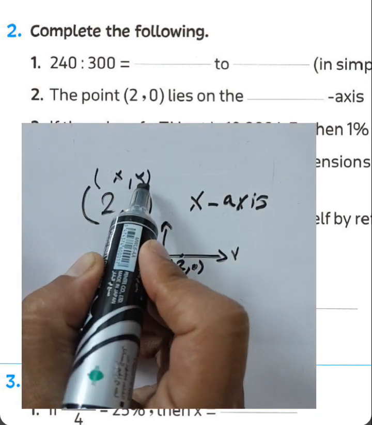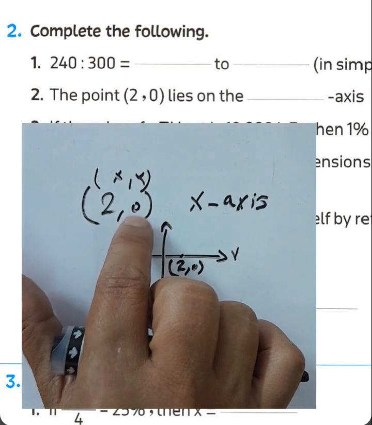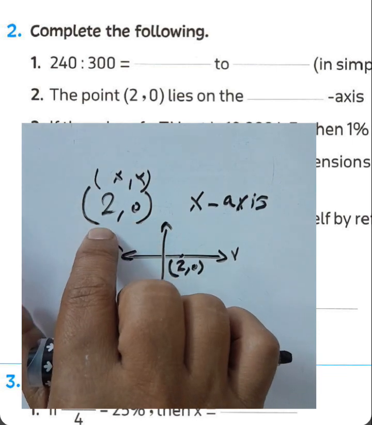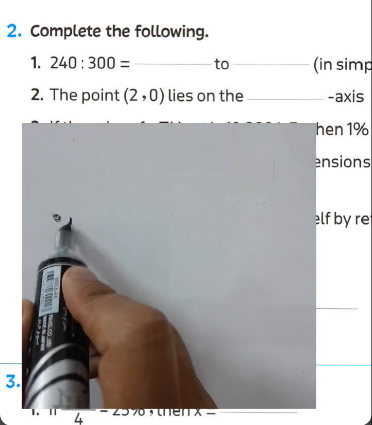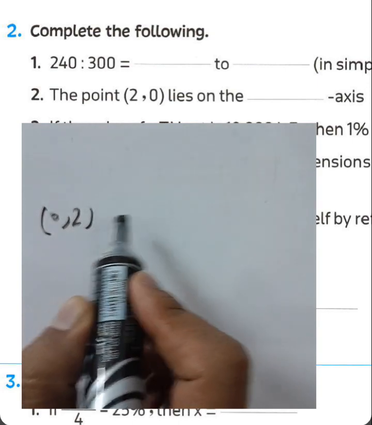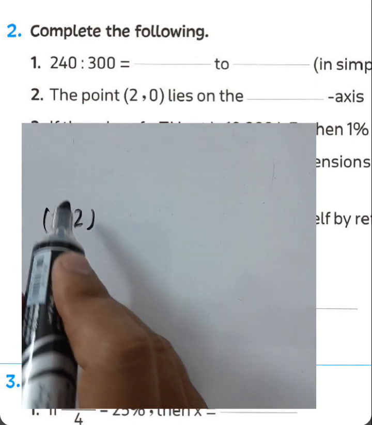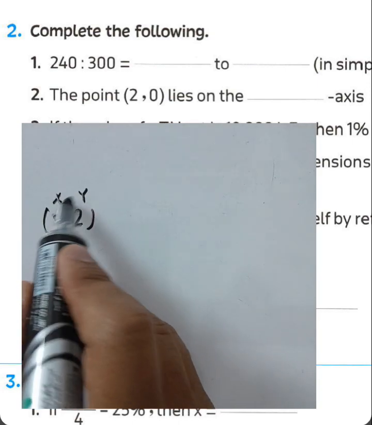If y equals 0, this coordinate 0, then the point lies in the x-axis, and the image of this point at the x-axis will be itself. If you want to find where the point 0 and 2 lies, I will write it lies in the y-axis, because x was 0.